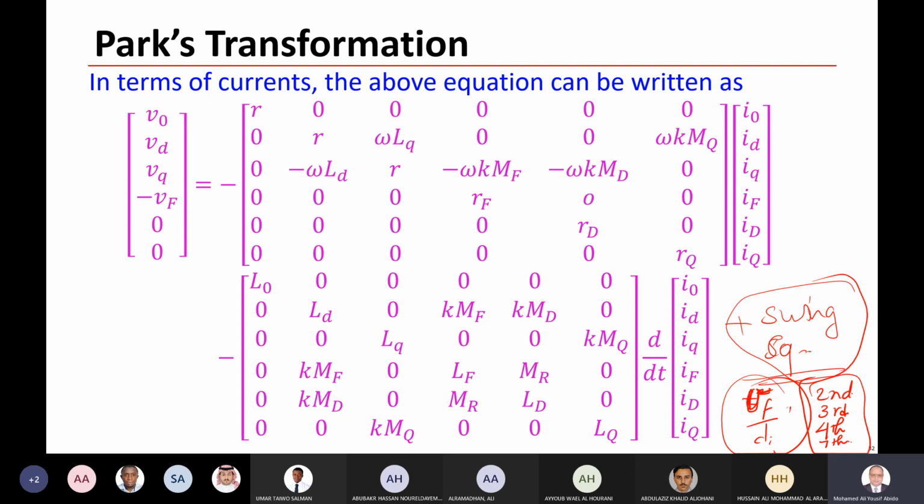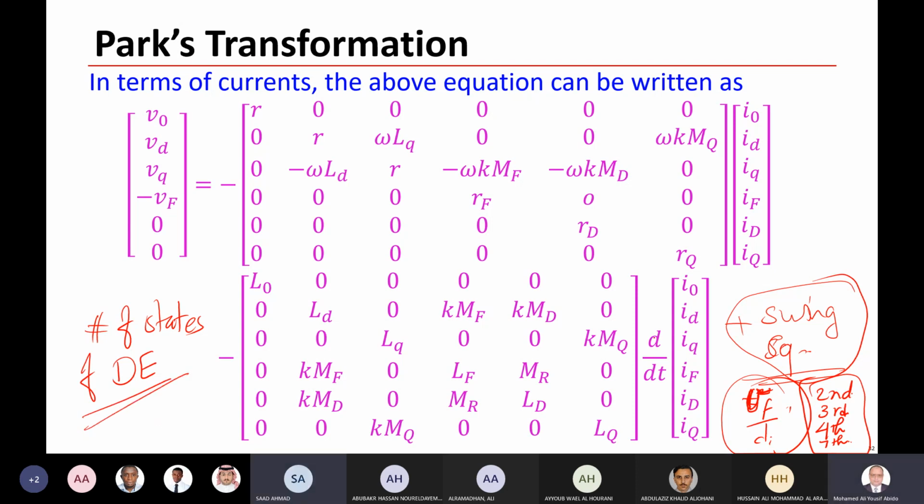We have a question from Saad Ahmed, please. Yes, Doctor. I am a little confused about the meaning of order. Do we just mean states? States, yes. Number of states. Number of differential equations that we have.